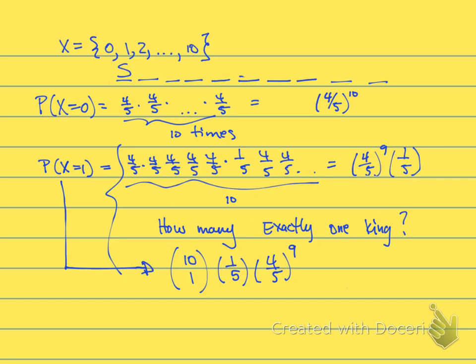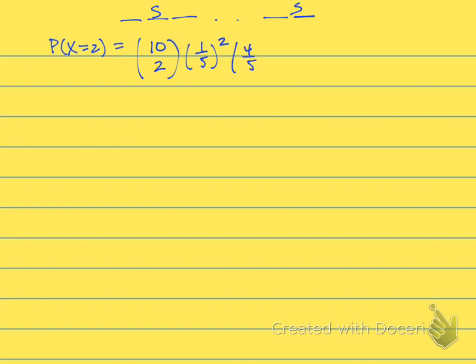Let's see if we can reason through the probability x equals 2. Well, we do know that there now in our 10 slots, we know there are exactly 2 places where there are successes. How many? Well, of the 10 slots, choose the 2 places where the successes go. Then we see that we're going to have a 1/5 up there exactly twice, which means we have a 4/5 the rest of the time, which is 8.